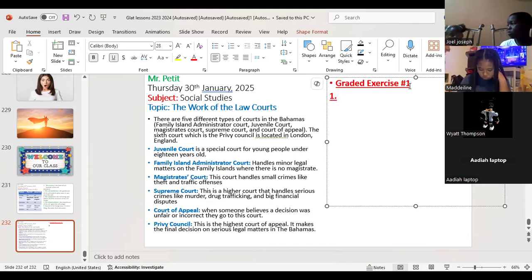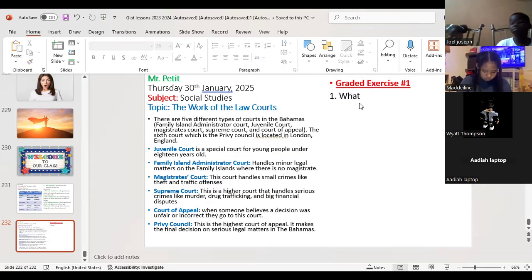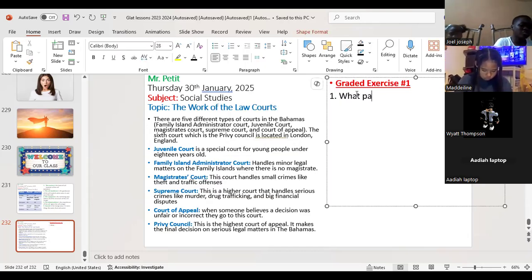What part of the cell is the brain of the cell?